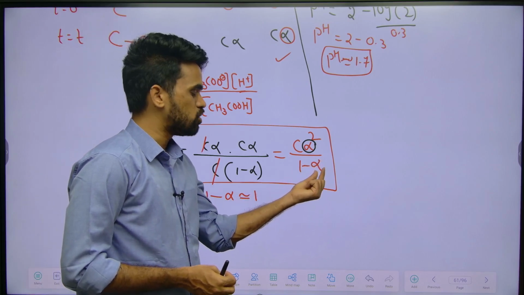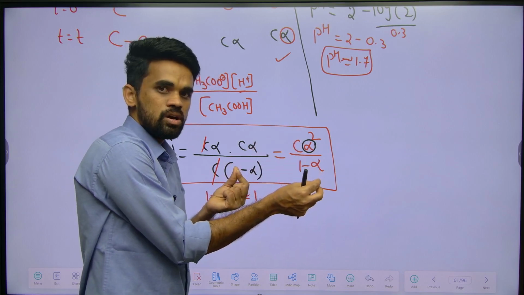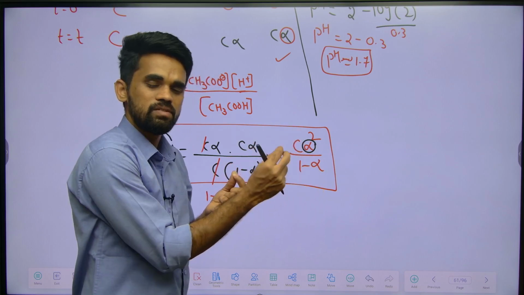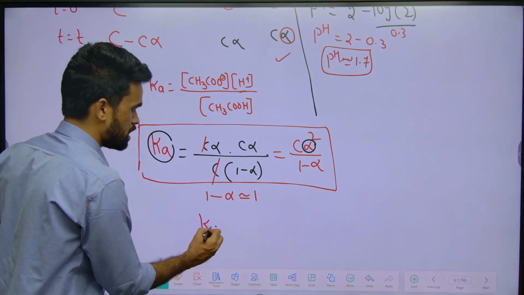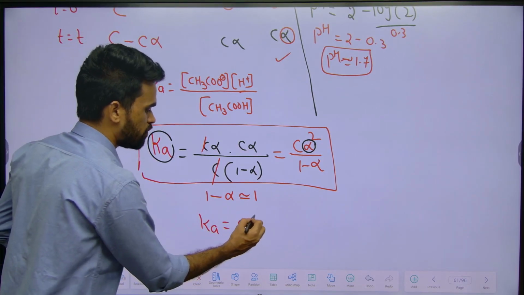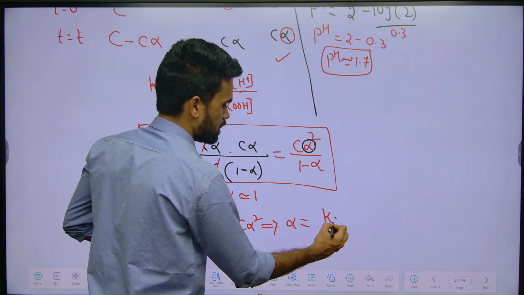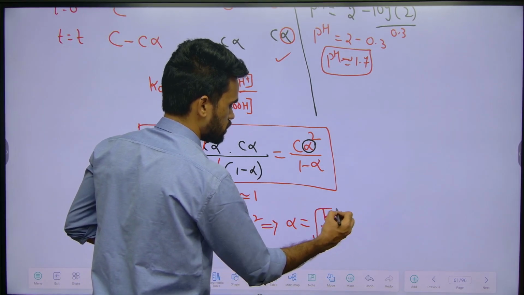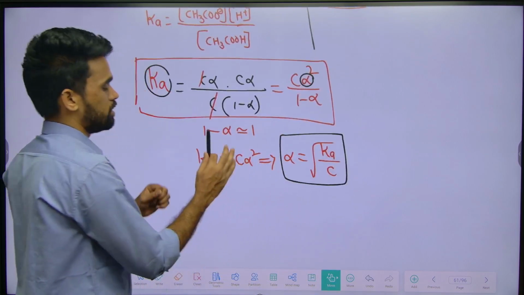So alpha is very small, almost negligible, and 1 minus alpha is 1 only. That's how I am considering here. So now Ka will be equal to C alpha square. From here, alpha can be written as root over Ka by C. This is your final conclusion. We got alpha also.